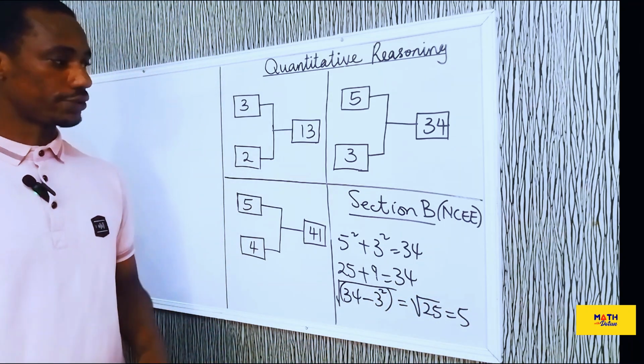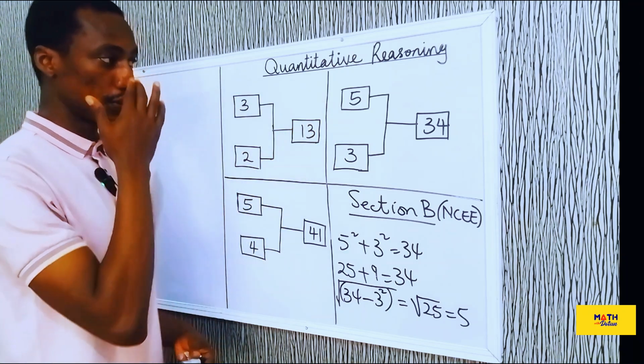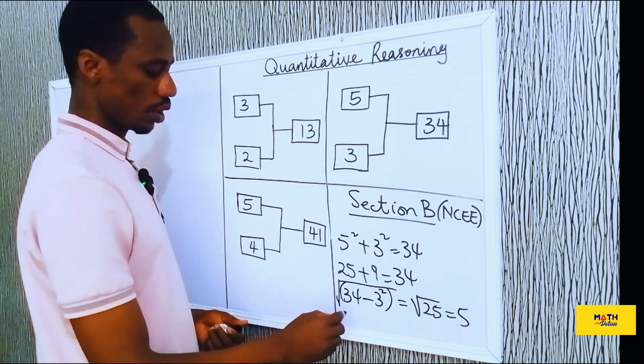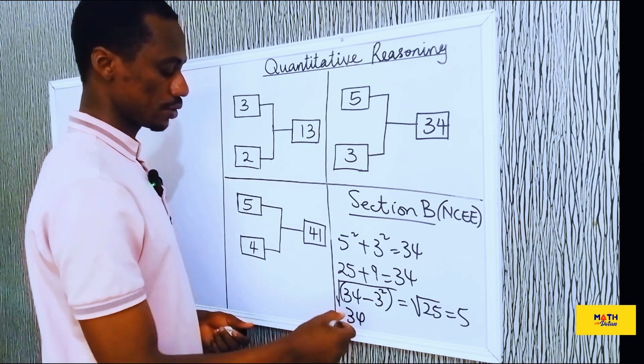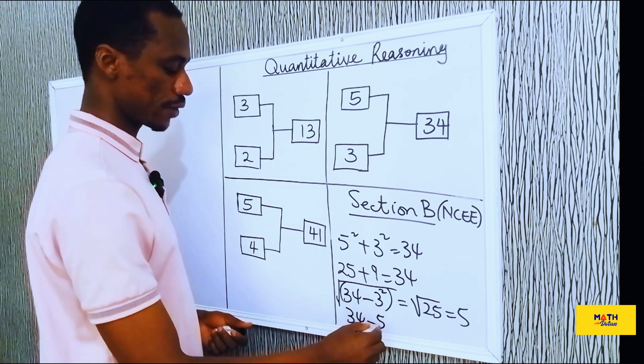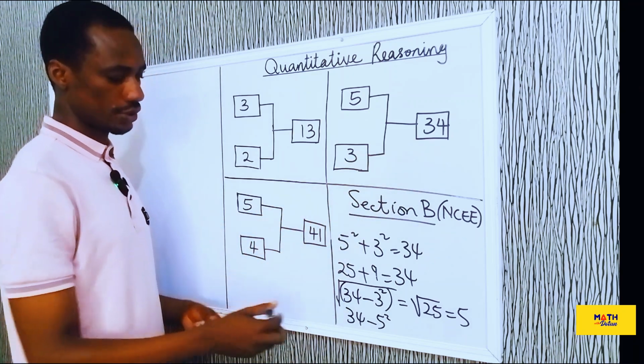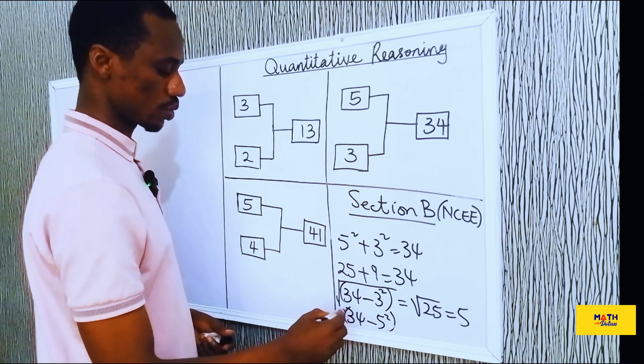We do the same thing for the other one: we subtract the square of 5 from the answer we got, and then we take the square root.